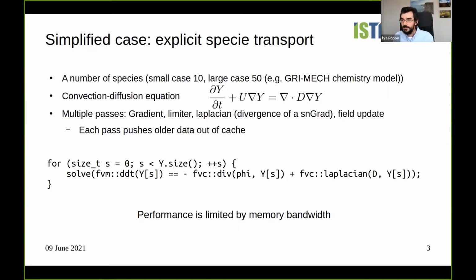This means that OpenFOAM will make a number of passes over the data to compute a gradient, then a limiter, then the Laplacian, then the convection term, and then update the field. The problem here is that every pass over data pushes all the data out of cache. And we will see how we can change that and how we can improve the performance of this CFD code.